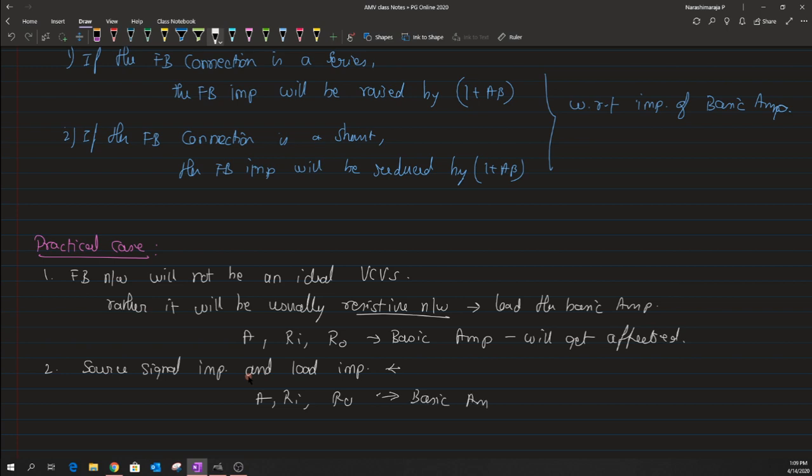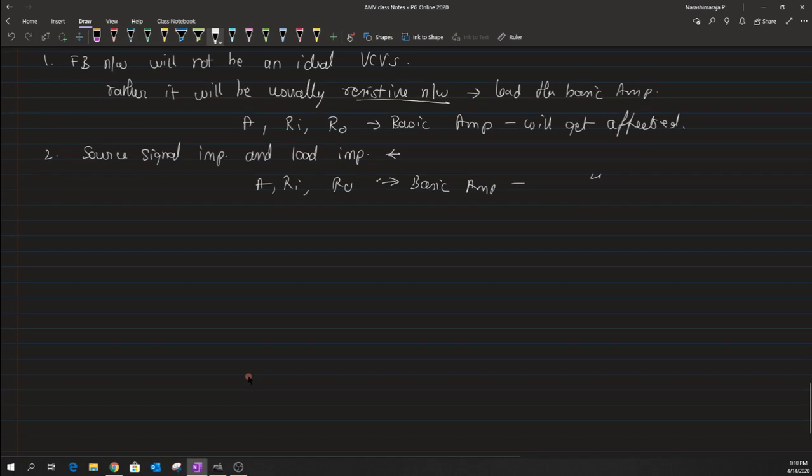We'll combine both these effects and see how they impact these three parameters, and in turn revisit the voltage gain of the feedback network, as well as the input and output impedances of the feedback network, and we'll also define an extra parameter with respect to the input and output impedances. Okay, so let me try to model this.